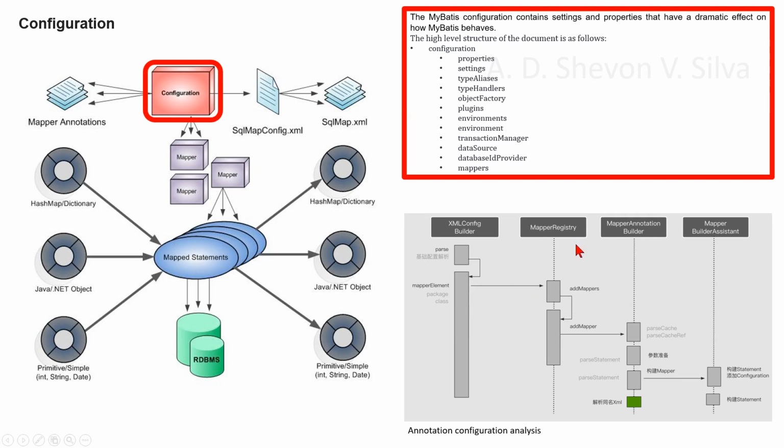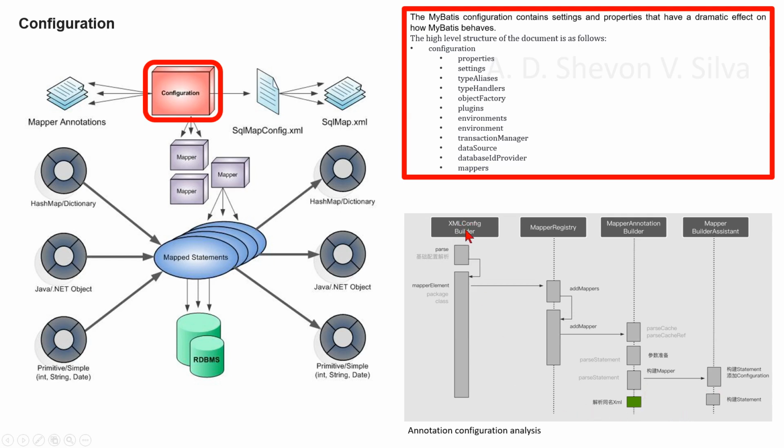It receives an interface class parameter and creates a dynamic proxy factory for the interface based on the parameter, then parses the internal method annotations to generate each mapped statement, and finally adds it to configuration to complete the analysis.